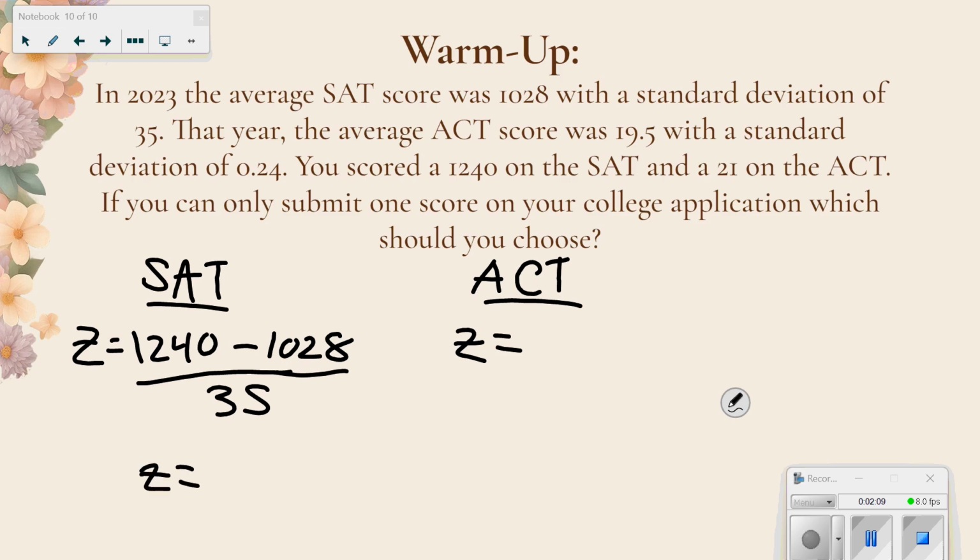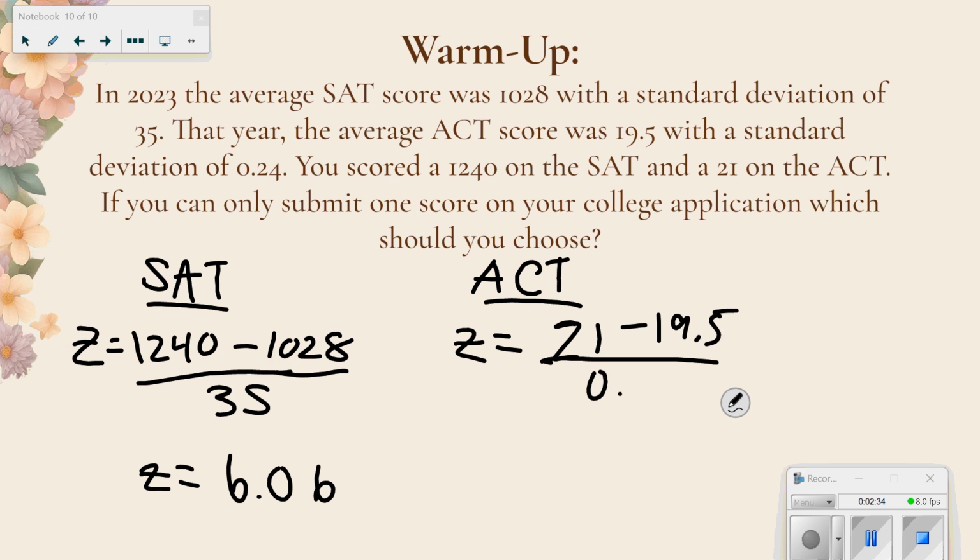What did you guys find that Z-score to equal? 0.6. All right, and then our ACT, what was our X value? 29, your score, minus the average, you're right: 21 minus the average of 19.5, divided by the standard deviation of 0.24.